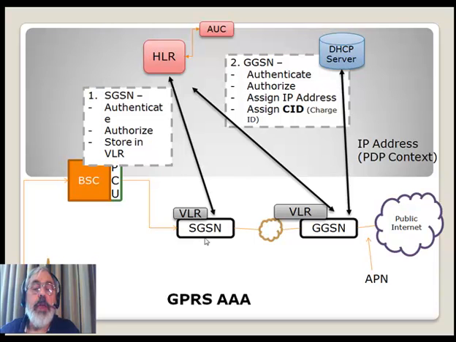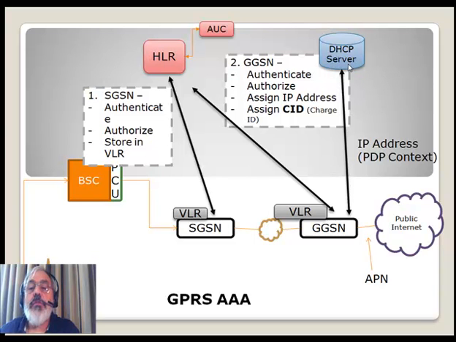After the PDP attach is successful with the SGSN, the GGSN will also be asked to do a PDP attach. It will also check the HLR and the AUC, and it will then, most critically, get an IP address assigned. Now, there are several different ways that that can happen, either directly written from the HLR, through a DHCP server, or through a RADIUS server.